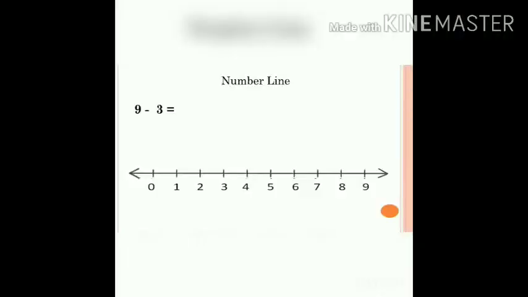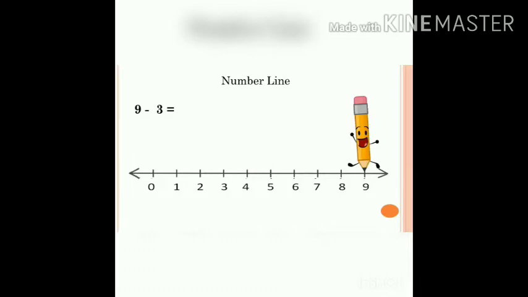See one more example. 9 minus 3. We need to take away 3 from 9. So, using number line, how to do? Let us see. So, our point is at 9. From 9, we need to move 3 steps back. That means left of the number line.